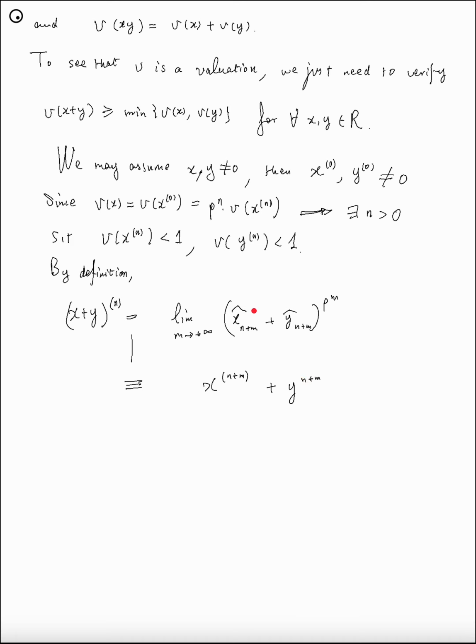The reason we should not write that is because we haven't defined what it is, but it's okay, we can define it like that. So anyway, this is congruent to this modulo p.